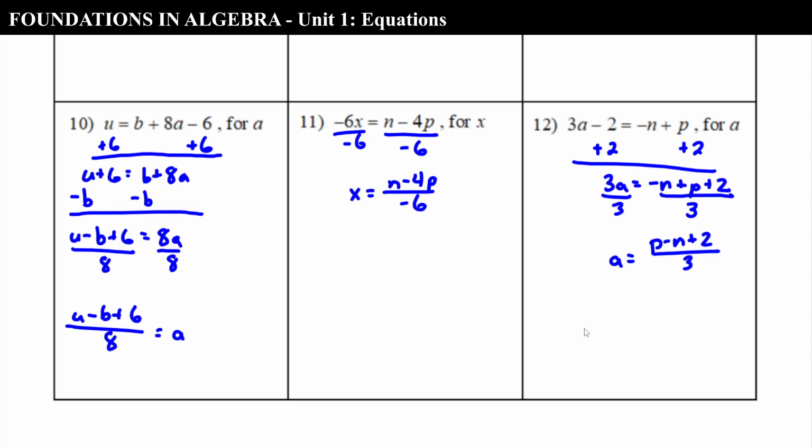Let's make a quick note about 11. Let's go back to 11 really quick. Now, this is not something I'm going to require necessarily, but we can rewrite this so that it looks a little bit nicer. We can move the negative to the top. If we move the negative to the top, that would give us negative n plus 4p over 6. And then we can move around the order of the top, and make it look a little nicer.